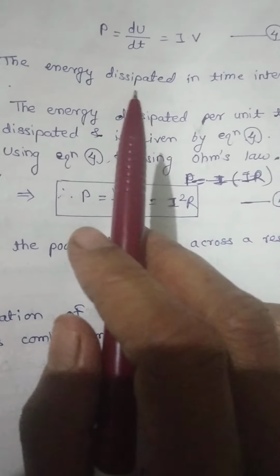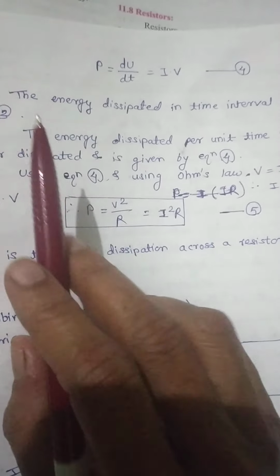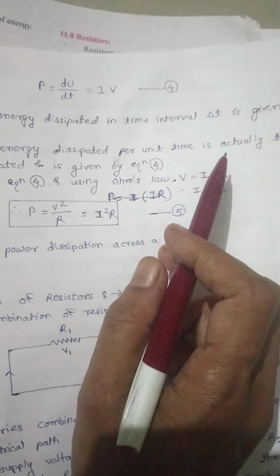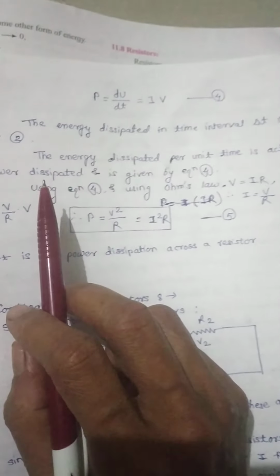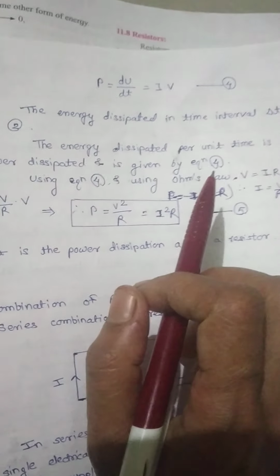The energy dissipated in time interval delta T is given by equation 2, and the energy dissipated per unit time is actually the power dissipated, given by equation 4.